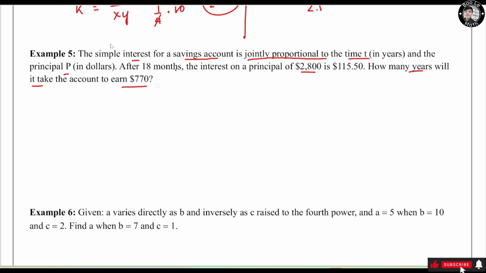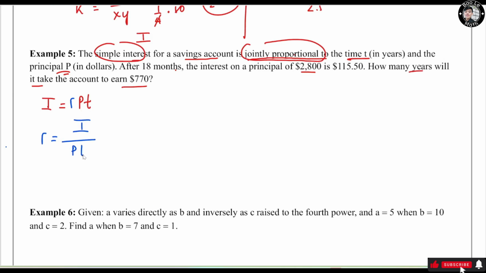Alright, so we have the simple interest, which is I. I equals generally proportional to the time t and the principal, so it could be p times t. And because this is generally proportional, it could be r right here. So r equals I divided by p times t.